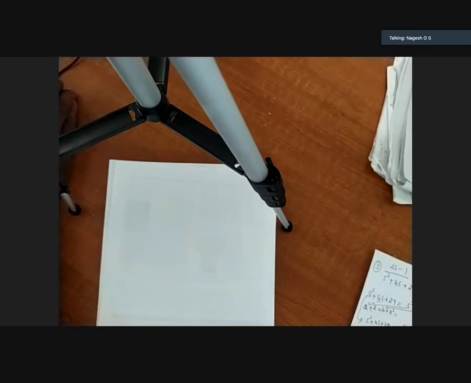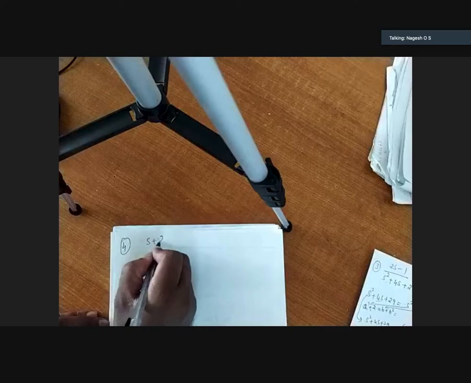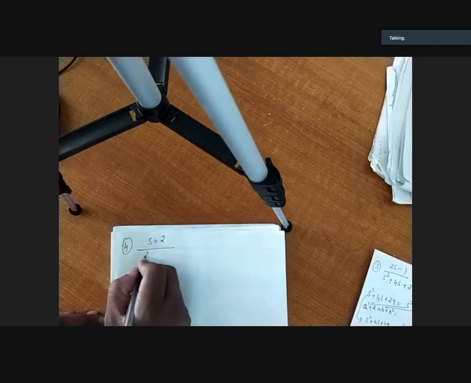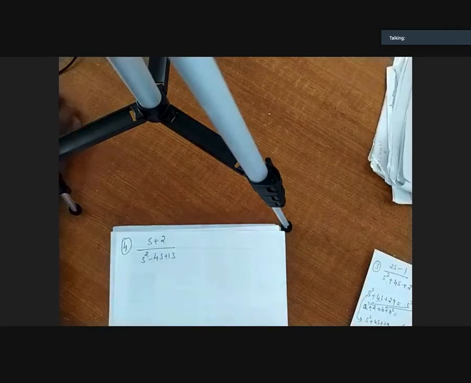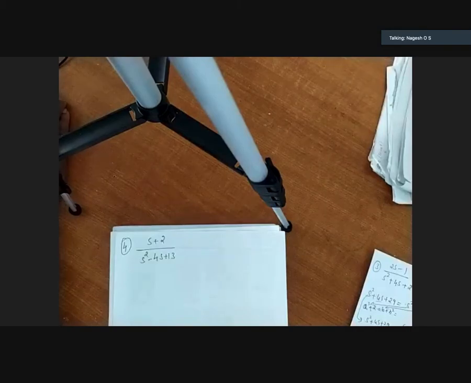Next problem: s plus 2 divided by s square minus 4s plus 13. Try this problem.